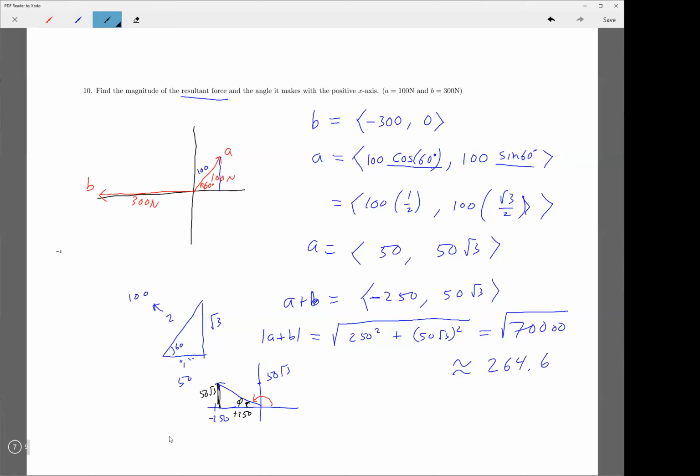We'll call the reference angle phi. That's going to be the inverse tangent of 50√3 over 250.